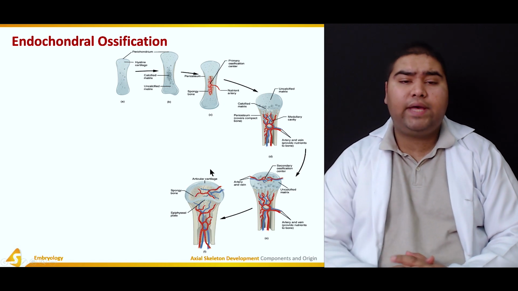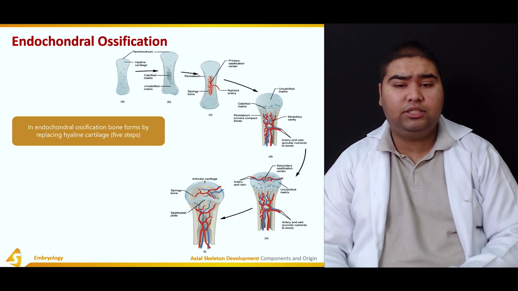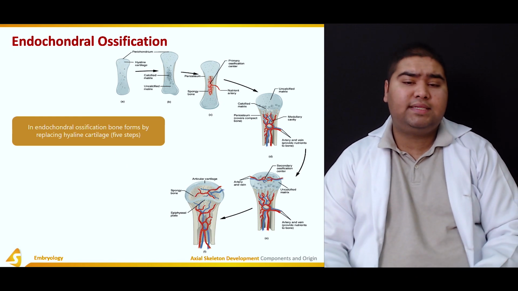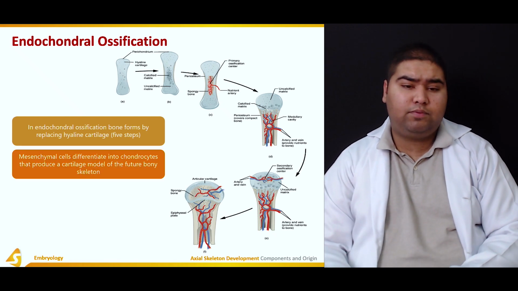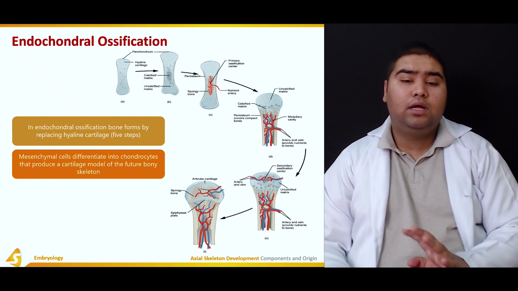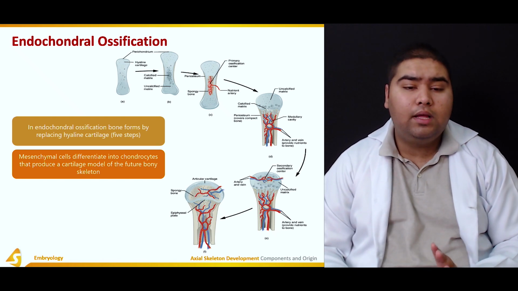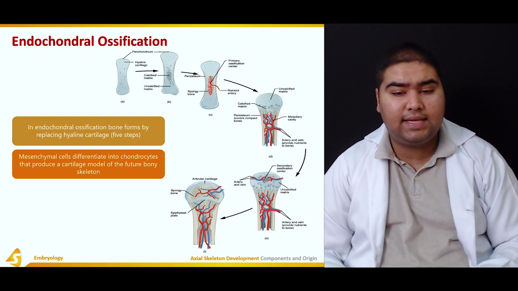Now we move on to endochondral ossification. In endochondral ossification, bone forms by replacing the hyaline cartilage. There are 5 steps in this process. The mesenchymal cells differentiate into chondrocytes that produce a cartilage model of the future bony skeleton.